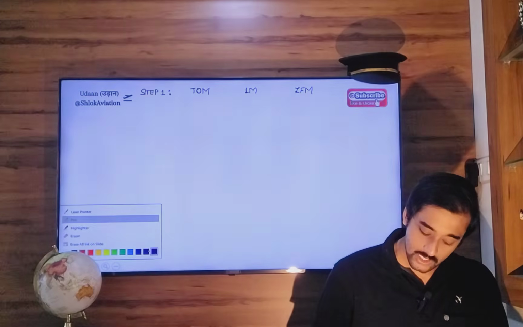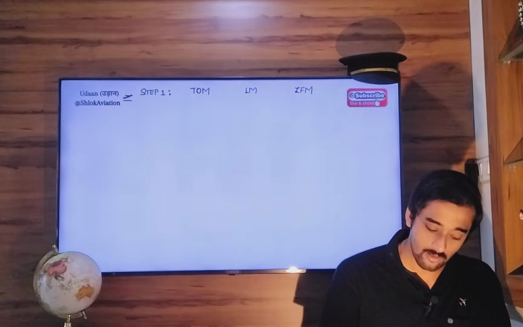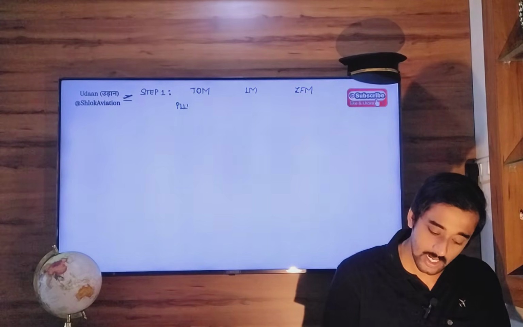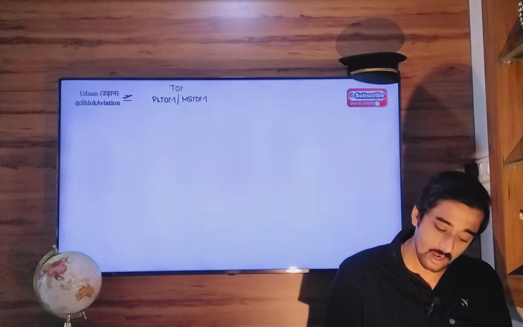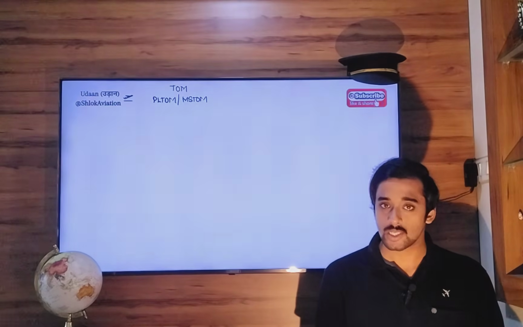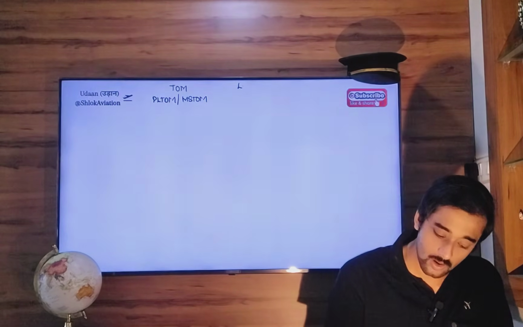Now in the takeoff mass column you write a value which is the lower of performance limited takeoff mass and maximum structural takeoff mass. Okay, so in the first column you write a value which is the lesser of performance takeoff mass and maximum structural takeoff mass.